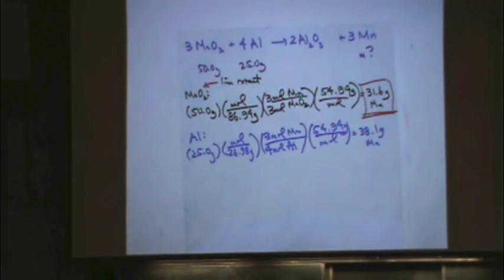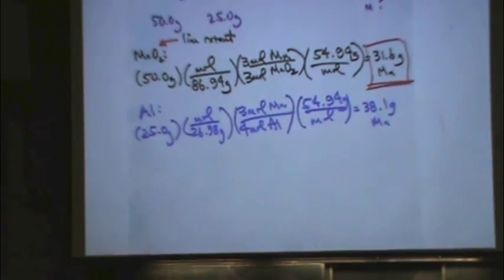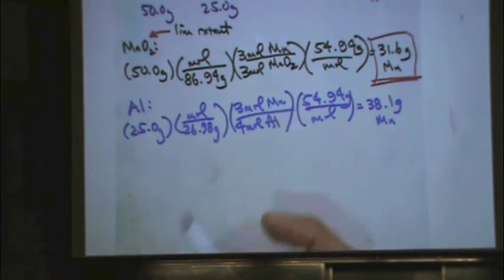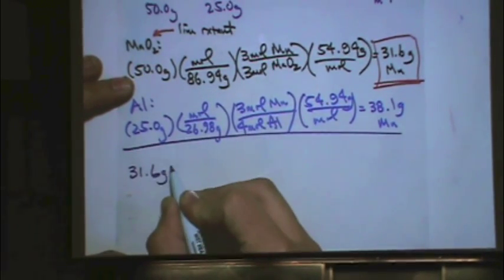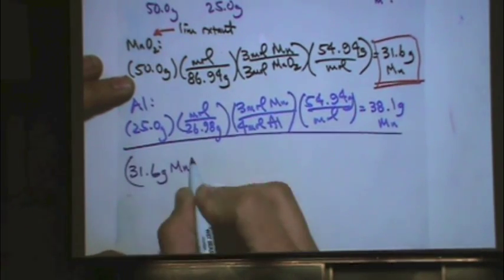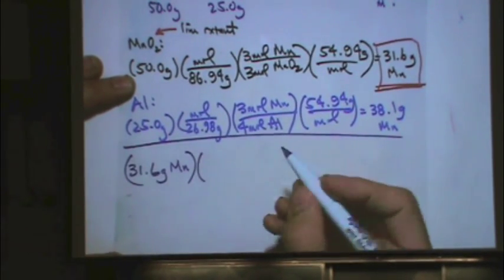Let's do that. So again, how much aluminum is remaining after the reaction is complete? Here's what we do. We take the 31.6 grams of manganese, the correct answer, we start there. Change this to moles.